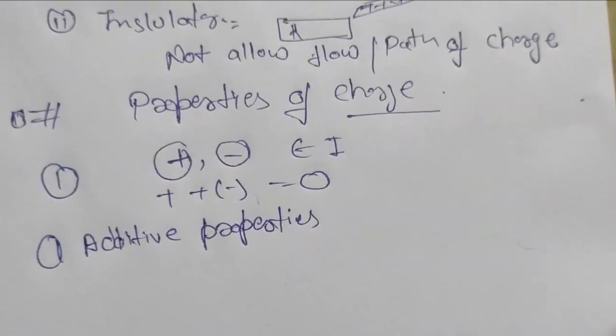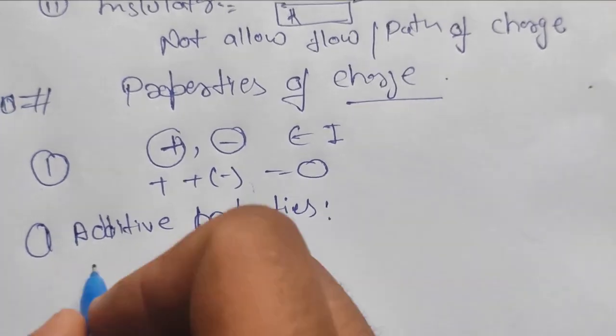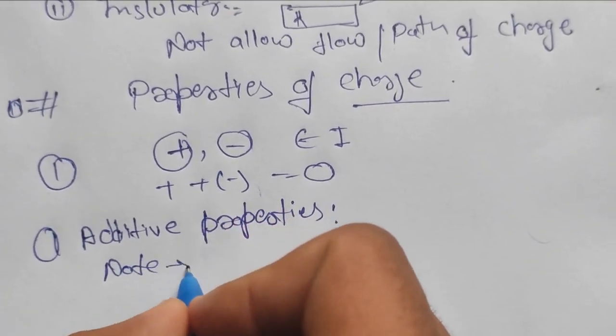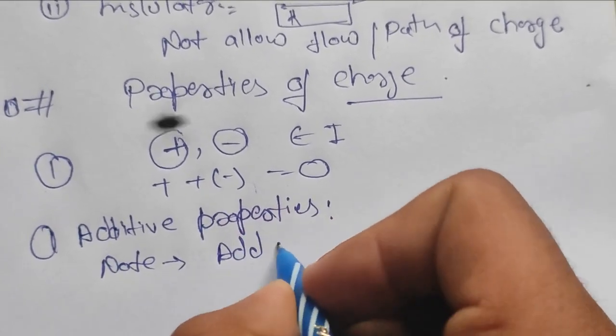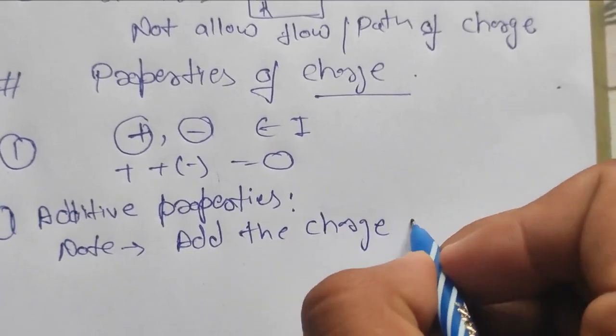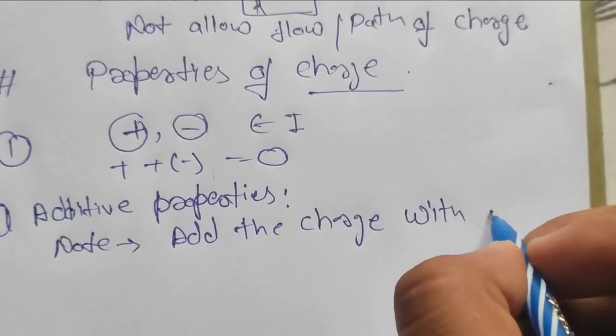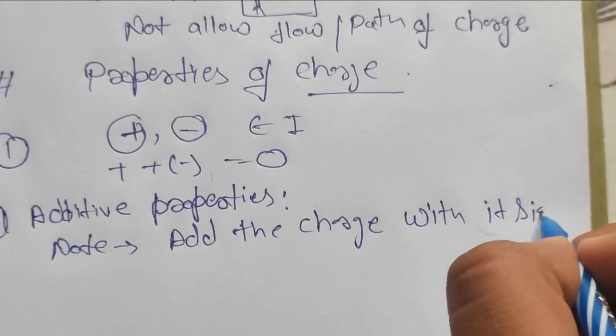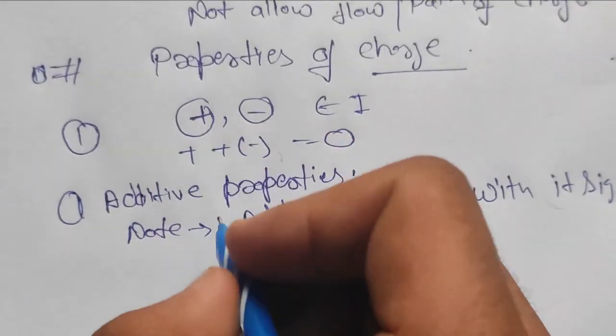But the note is that you add the charge with its sign. If it is negative, add it as negative.